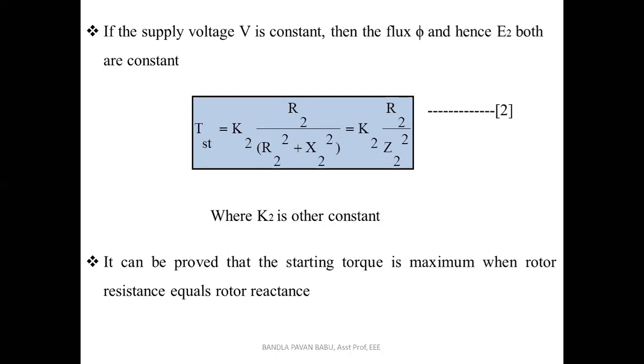In the similar fashion in the induction motor, if the rotor resistance equals the rotor reactance, then the current drawn will be very high, and of course the torque is also high because T is proportional to the rotor current.